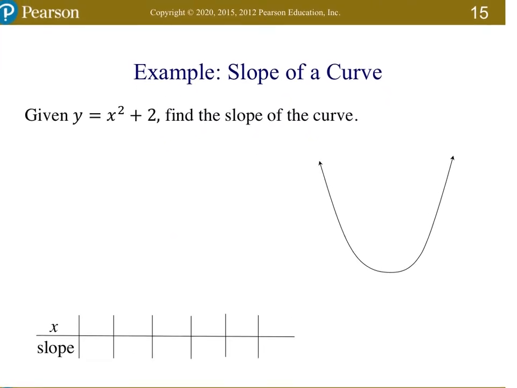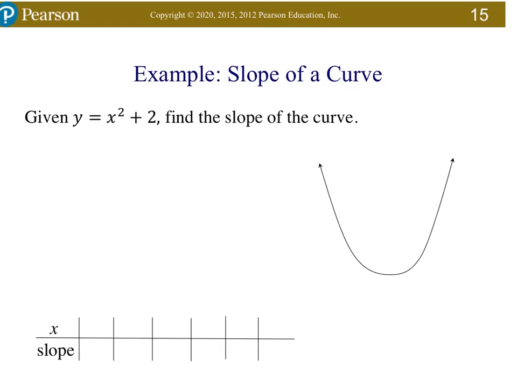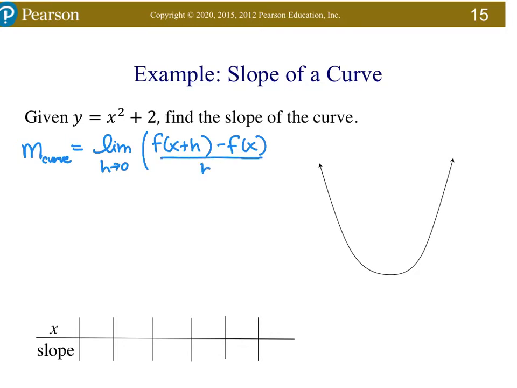So for this particular parabola, if we want to find the slope of the curve, then we're going to use the same formula we were working on. So we're going to do m, and I'm going to just write curve to show that it is a curve. The limit as h approaches 0 of f of x plus h minus f of x all over h.